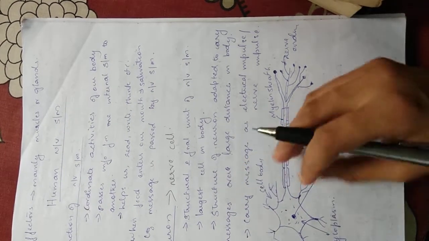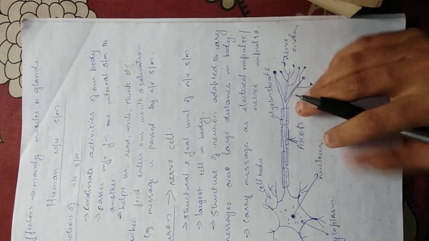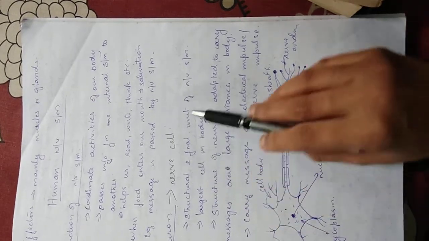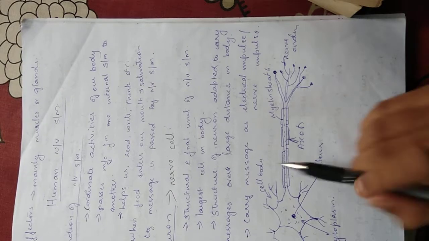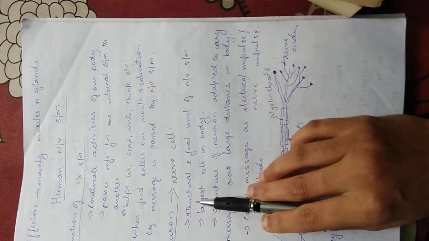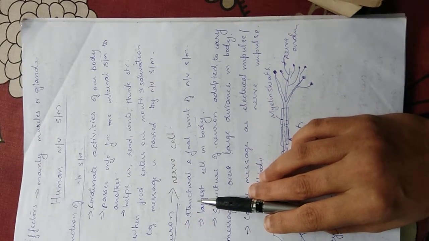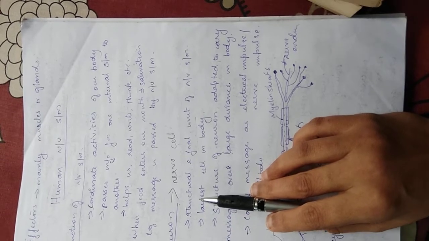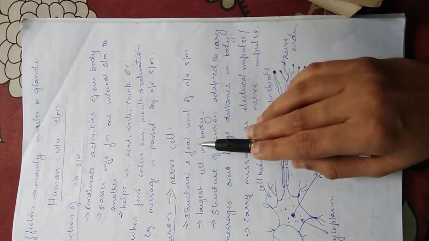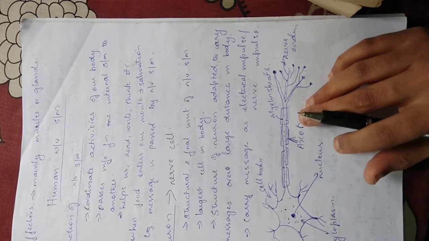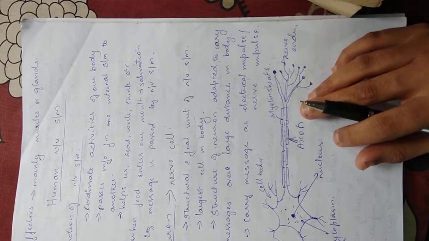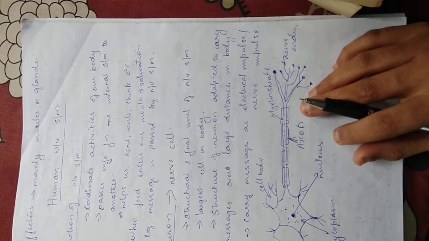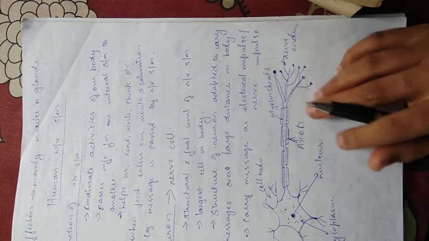You will understand when I explain it further. So this is the structural and functional unit of the nervous system. All the nerves are made up of neurons. A nerve is a bundle of neurons. Moreover, they are the functional unit: all the neurons together, in coordination, work to form the nerve.